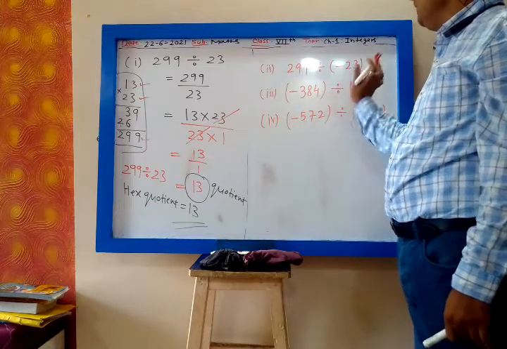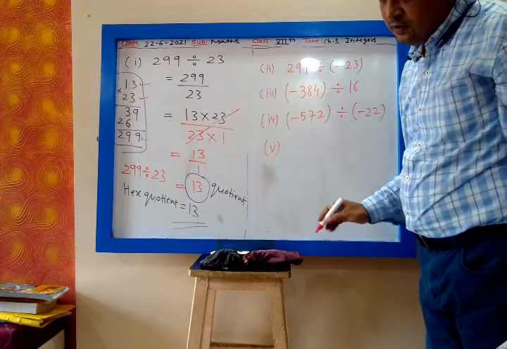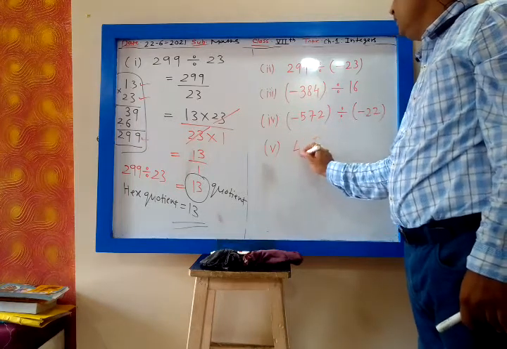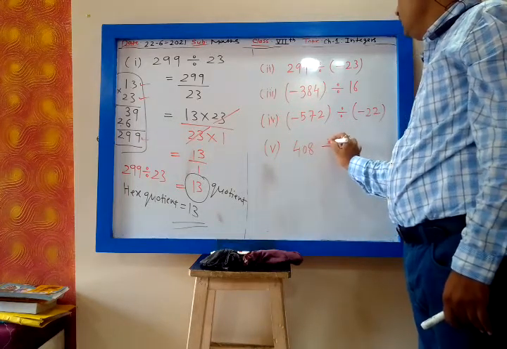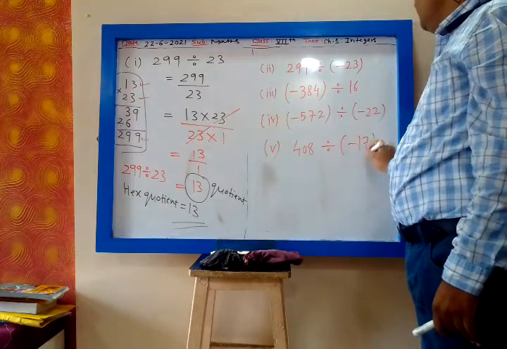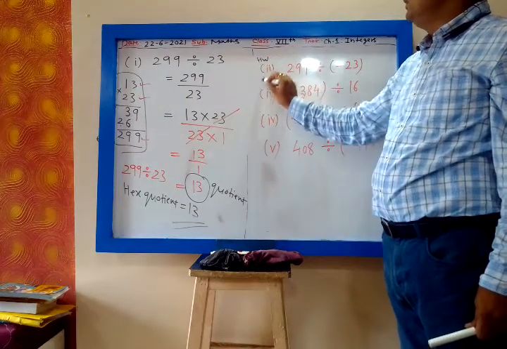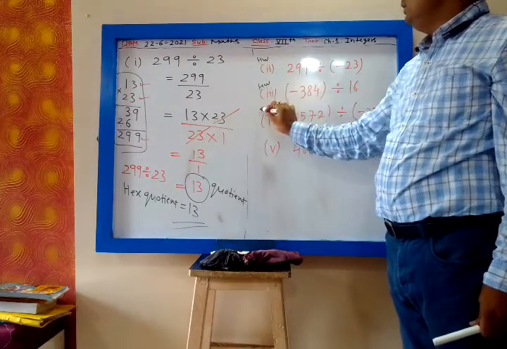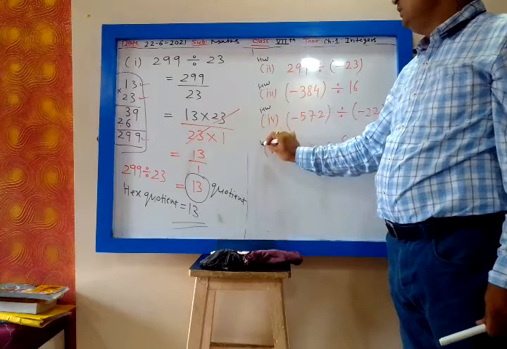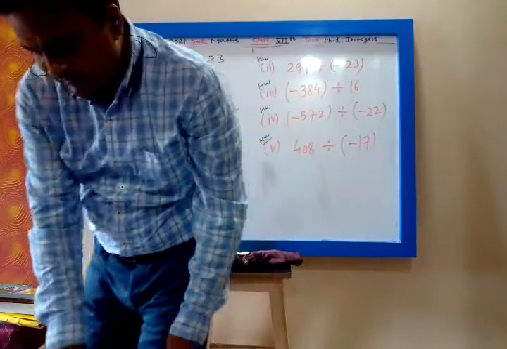Minus upon minus will be plus, and then you cancel the term. Fifth, 408 divided by minus 70. So let me give all this as homework. You can do it easily, my dear.